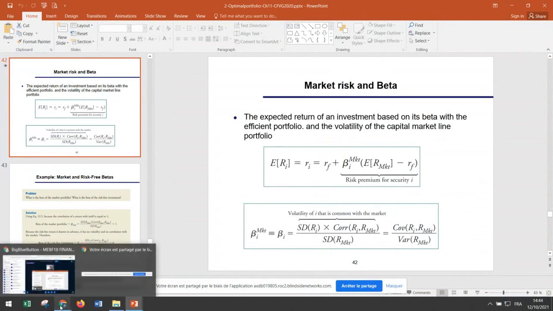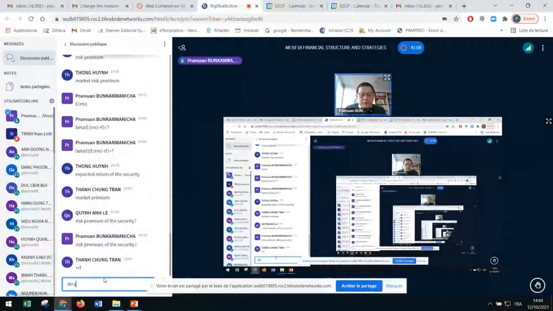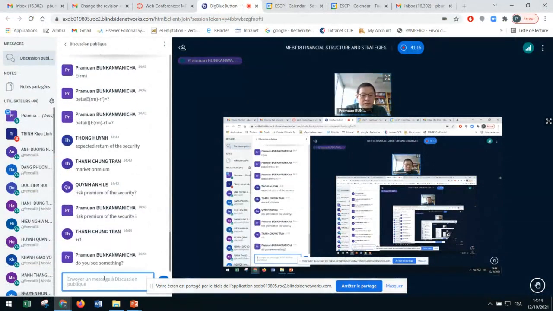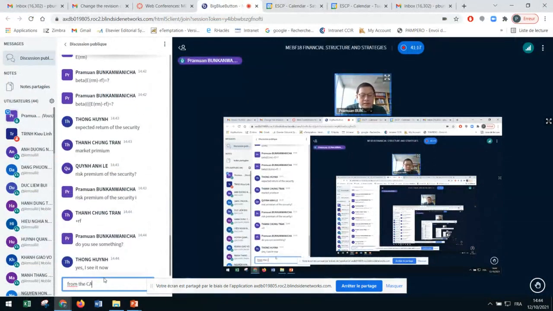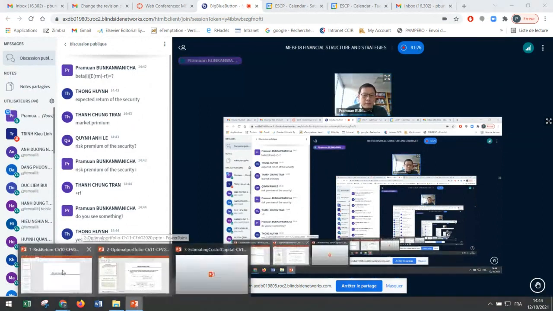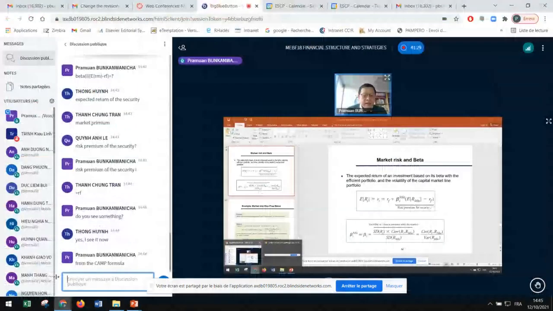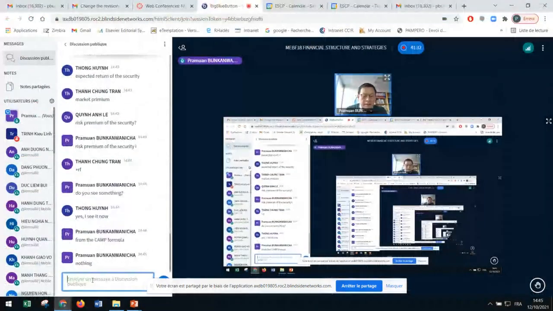Do you see something? Do you see something from the CAPM formula I just showed you? You say nothing, that means you understand everything.